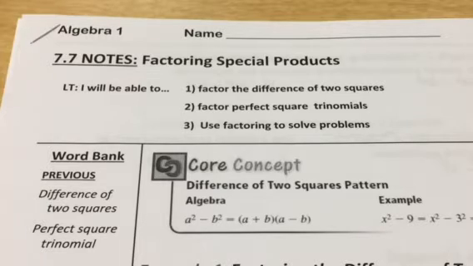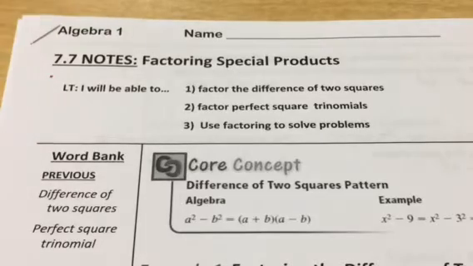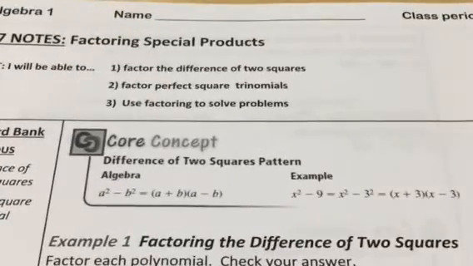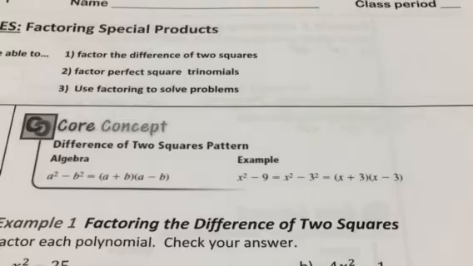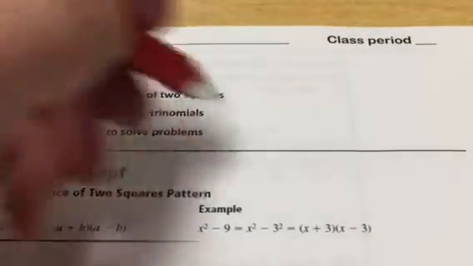Today we're looking at our 7.7 notes, factoring special products. We've actually talked about this a little bit already, and I'm just going to show you a couple things that we did discuss.